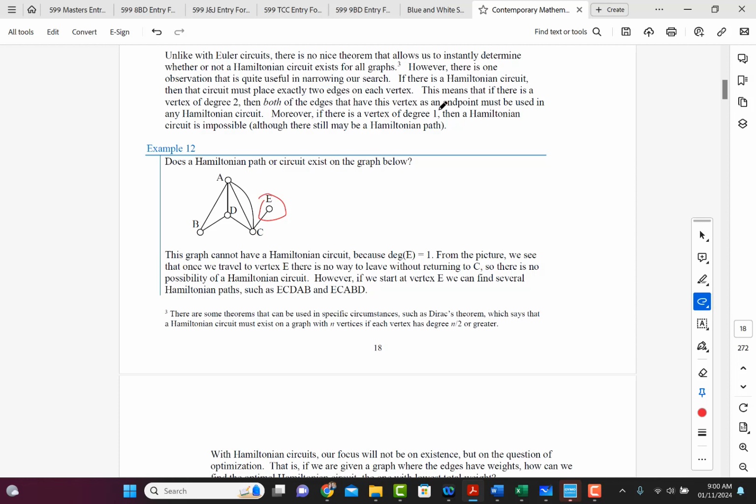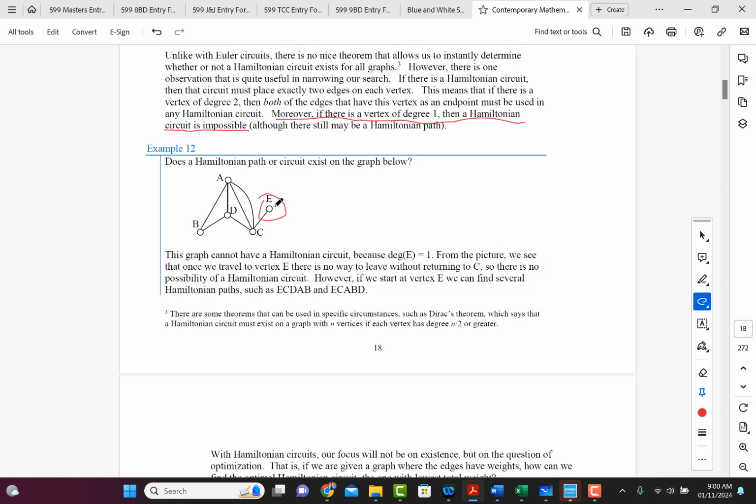Remember from the last statement, we know that a Hamiltonian circuit is impossible because E has degree 1.